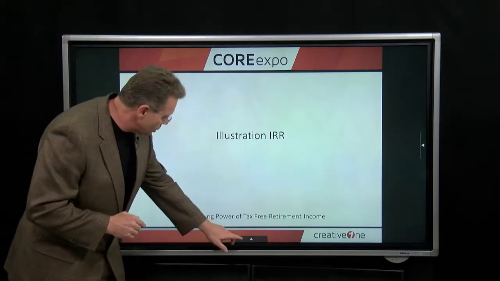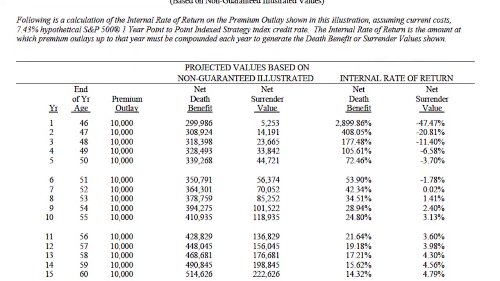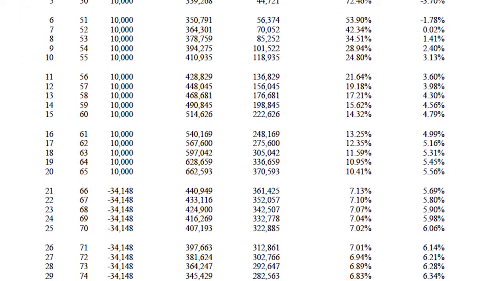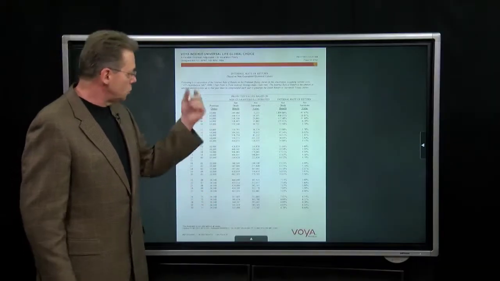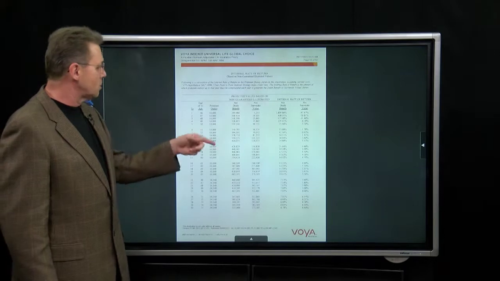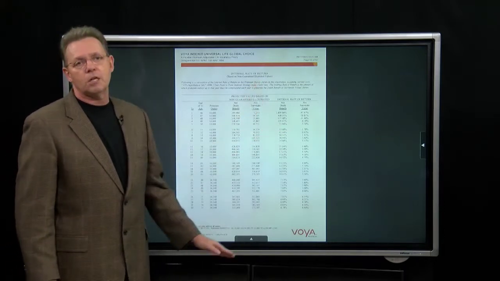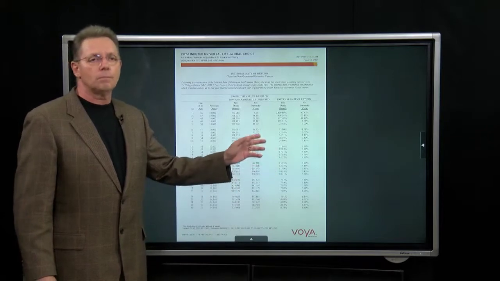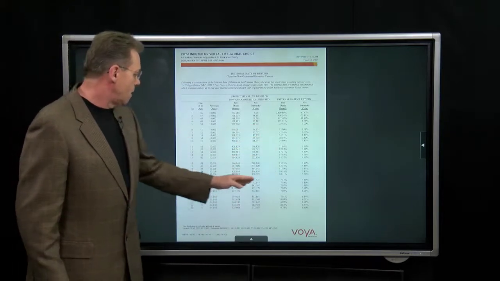Now, from an illustration internal rate of return point of view, I want to show you this because this is another idea. I've broken down the basic page of an illustration, and I'm just using a typical index contract. I'm looking at the internal rate of return. I really don't care about the death benefit. I'm sure there's some beauty to that, but I'm really looking at my first 20 years.